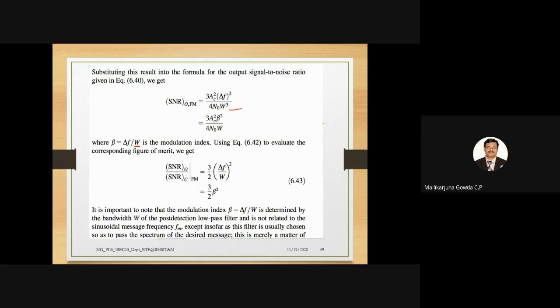That is why it is written 3 into A squared C beta squared divided by 4 N naught W. One W I need to keep away to write delta f by W whole squared, which is beta squared. So this is the expression for output SNR.